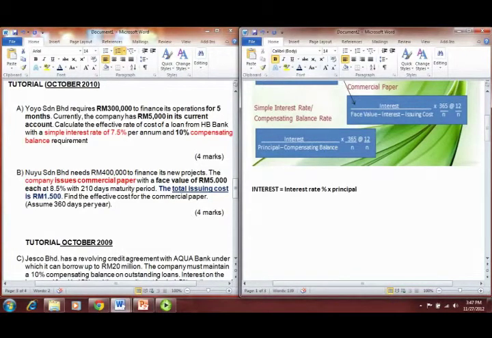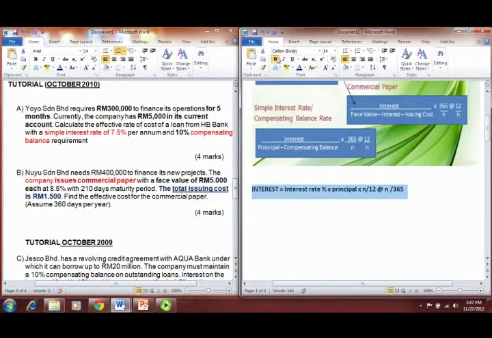Your amount borrowed, or the fund needed, times N divided by 12, or N divided by 365. If the question says one year is 360 days, you divide by 360.